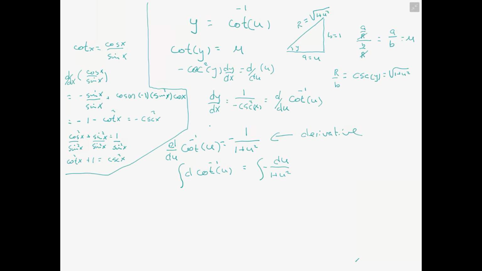And then if we take our integral, swapping sides, we got du over 1 plus u squared equals arccotangent of u plus c.